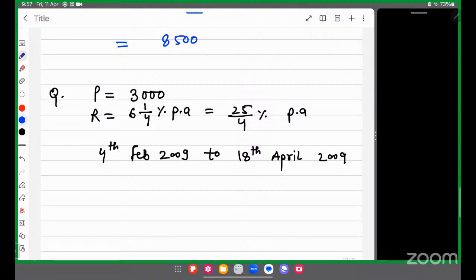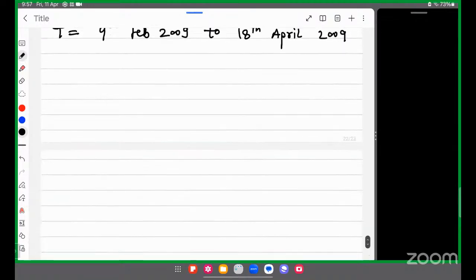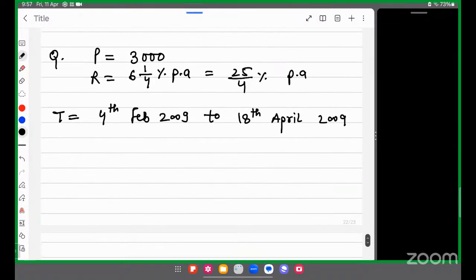So in this case, time is not given in years or months. It is given from one date to another date. So in this question, you have to calculate the number of days and then we will convert it into years and then we will apply the formula. So let's calculate the total number of days for which money is taken.